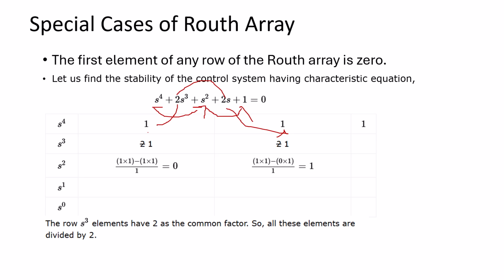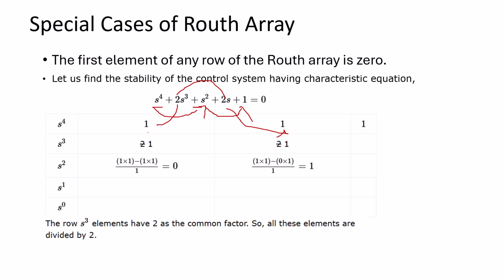For the next element, we calculate using the formula: negative determinant, 1 into 1 minus 1 into 1 by 1, so that will come as 0. Here we get 1 into 1 minus 0 into 1 by 1, as there is no element, that is considered as 0, so that comes as 1.